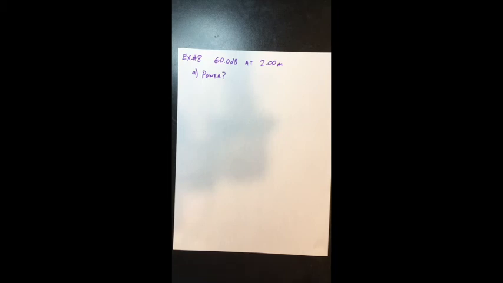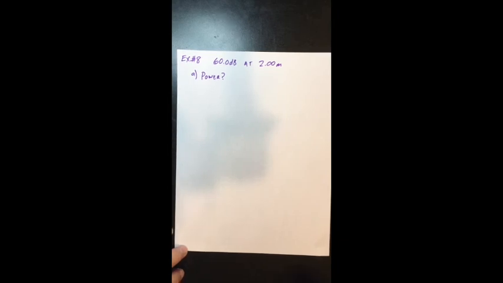But intensity level is that decibel value. The intensity is measured in watts per meter squared. The decibel is kind of how loud we perceive that, and it's got its own scale, the decibel scale.